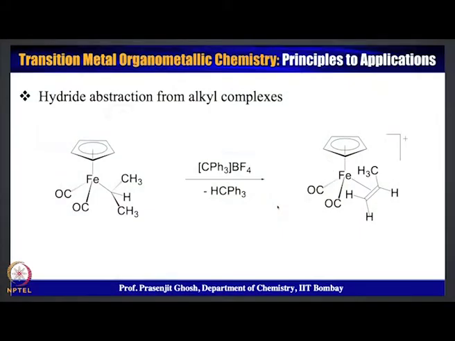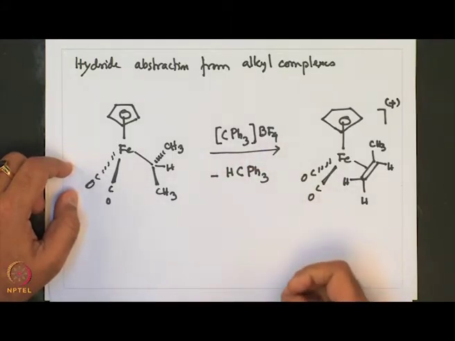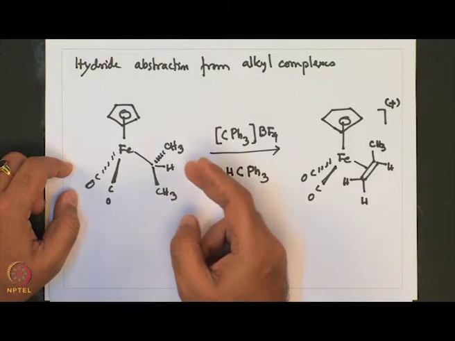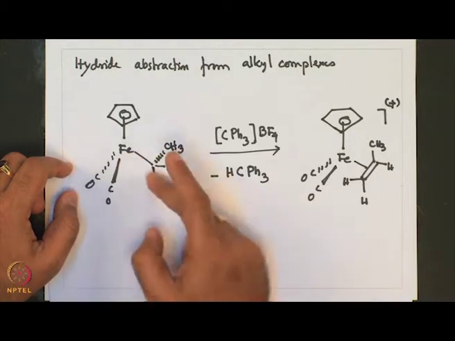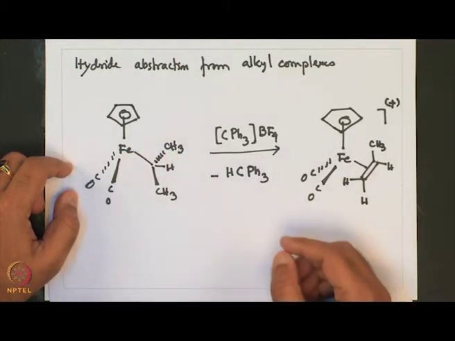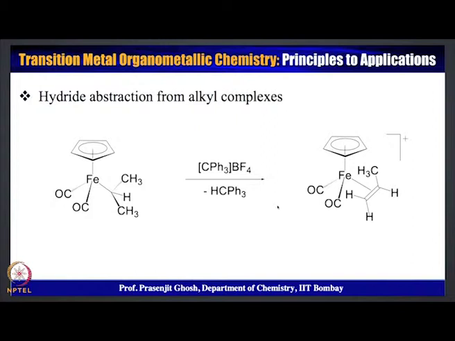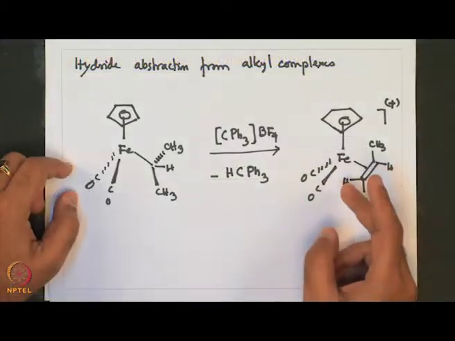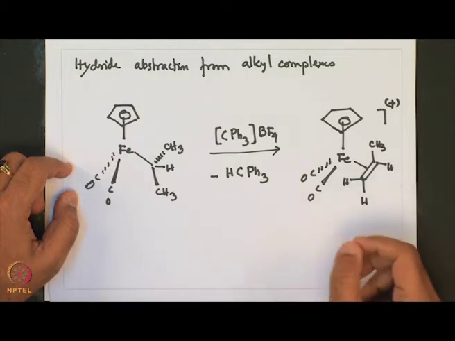Now, in this context I should also mention that we had discussed this hydride abstraction in the context of making carbene complexes, where similar instances of hydride abstracted from the alpha carbon atom lead to the formation of transition metal carbene complexes for very early transition metals, whereas in this particular ligand system in a metal alkyl, if a hydride is abstracted, then one can form the olefinic complex and not the carbene complex, unlike that of the metal carbene complexes discussed in the earlier example.